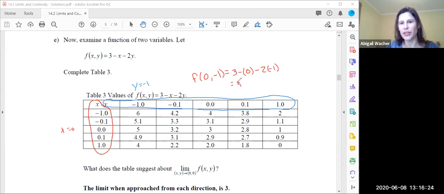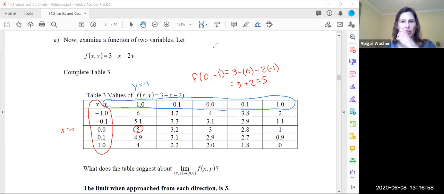And so there you're going to get 3 minus 0, so that doesn't bother us. And then minus 2 times minus 1 is plus 2, so 3 plus 2 is equal to 5, and that's how you end up with that number there. So you continue in that way for all the x values and all the y values in the table to fill up the table. And that's basically it.